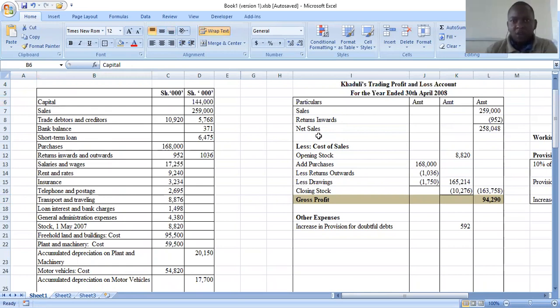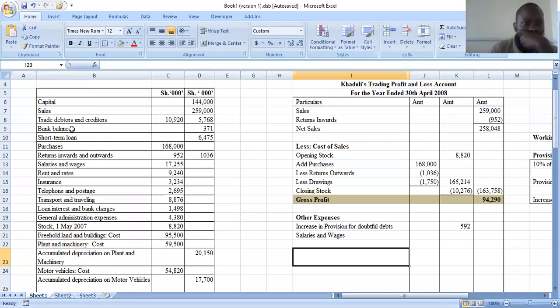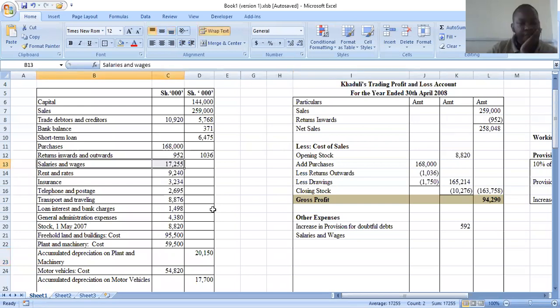Other expenses from the trial balance going downwards. We have is which one? Salaries and wages, and the amount is 17,255.